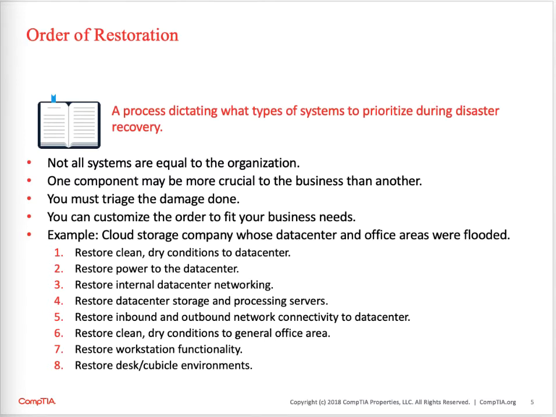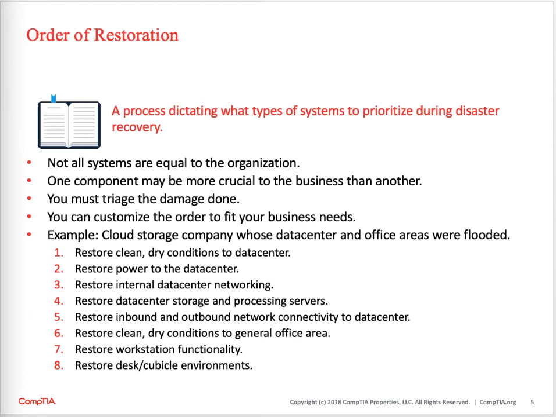So the order of operations that our company has already decided on would be restoring and cleaning and drying the conditions in our data center. Next up, we will want to restore power to our data center. After that, we will want to restore the internal data center networking. Then we're going to want to restore the data center storage and the processing servers, and then restore inbound and outbound network connection to the data center.